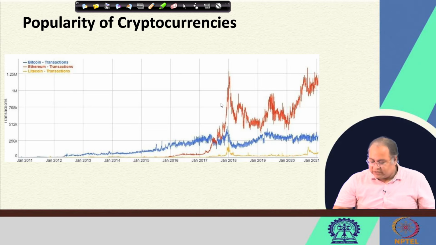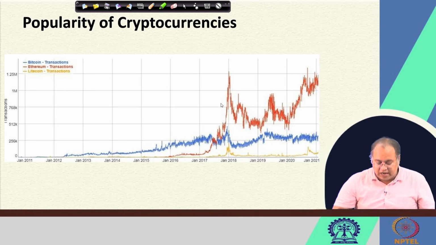Now, if you look into the popularity of cryptocurrency, you will see that from around January 2013, 2014, Bitcoin started becoming popular, and the peak reached around 2000 in the mid of 2017. After that, there was a lot of debate about Bitcoin.